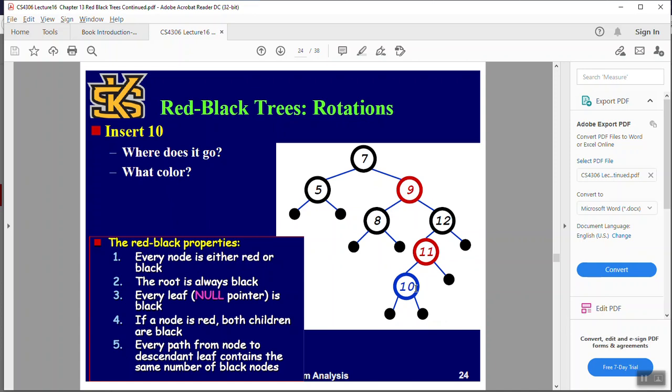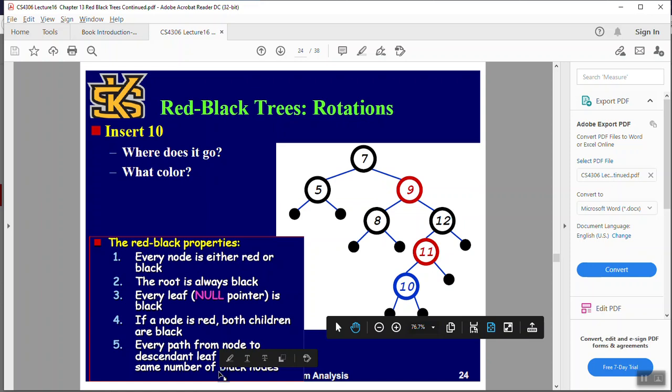It can be either red or black. Since the previous node is red, let us make it black. Then do you see any problem? How many blacks are there? 2. How many blacks are there? 2. And how many blacks will be here? 1, 2, 3. So it will violate property 5, right?